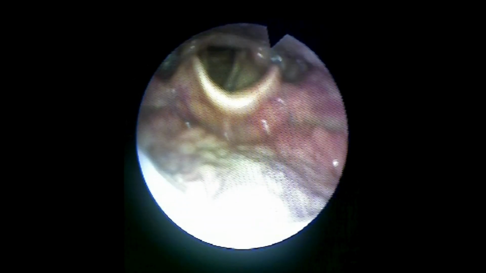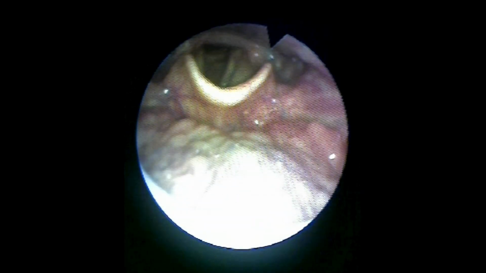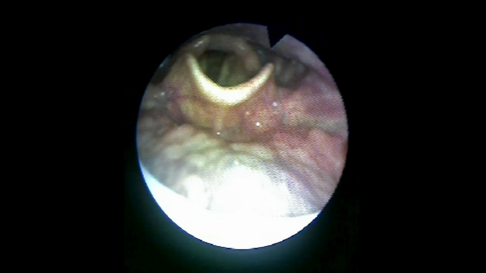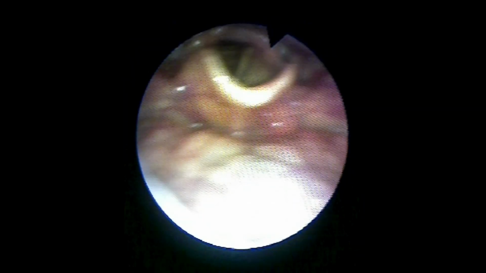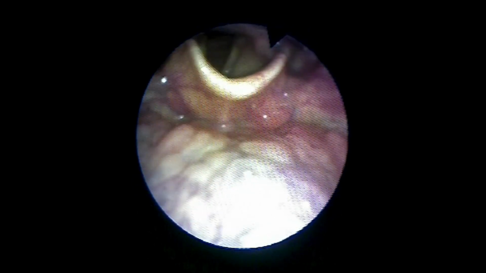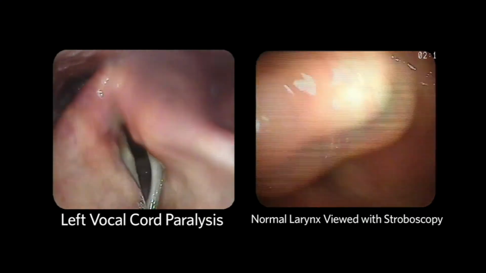to the vocal cords. Vocal cord mobility is normally symmetric bilaterally and full in both abduction and adduction. Any weakness or asymmetry of vocal cord mobility should be noted. Vocal cord paralysis is a common pathology seen.